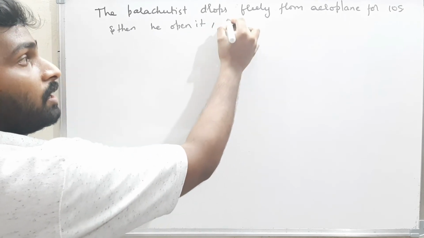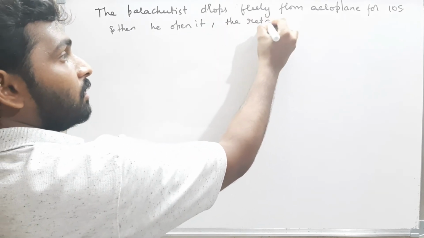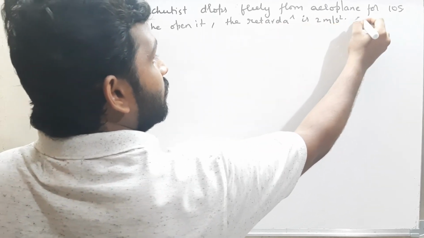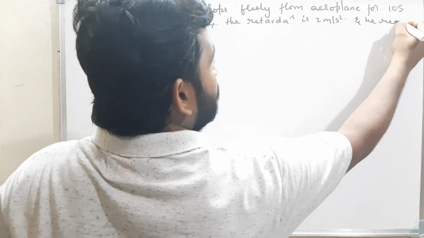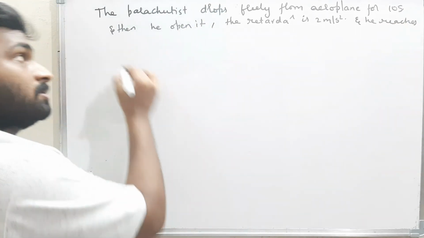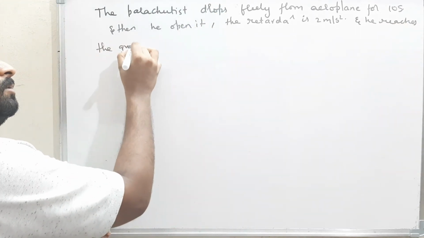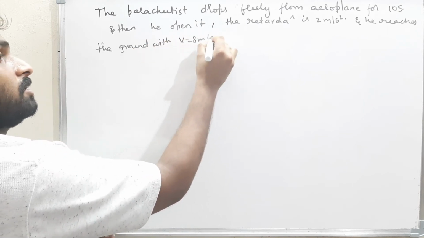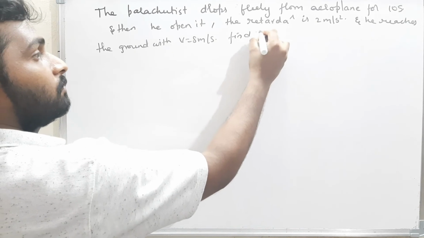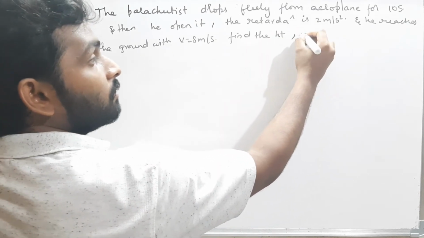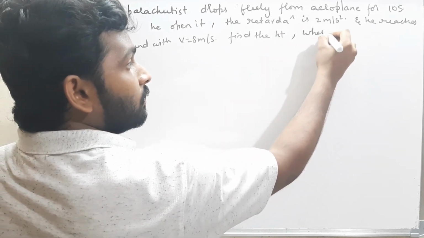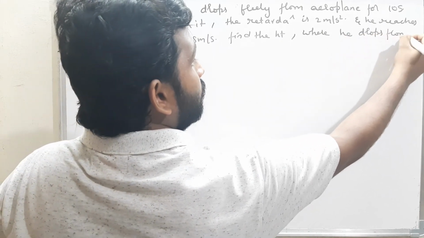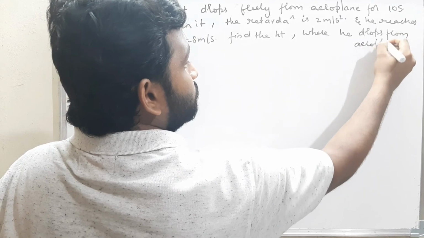After opening it, the retardation is 2 meters per second square, and he reaches the ground with velocity 8 meters per second. Now find the height from where he drops from the aeroplane. That is the question.